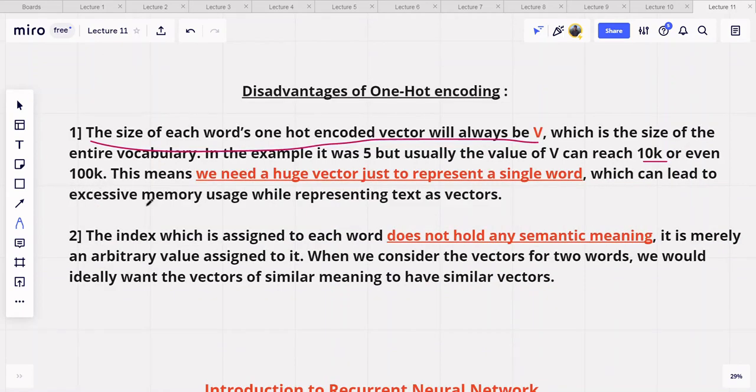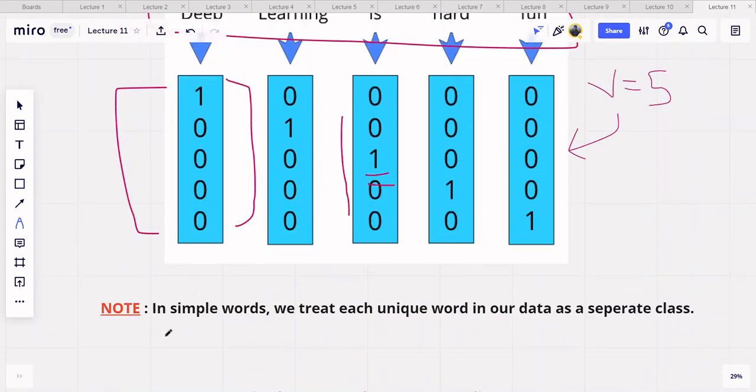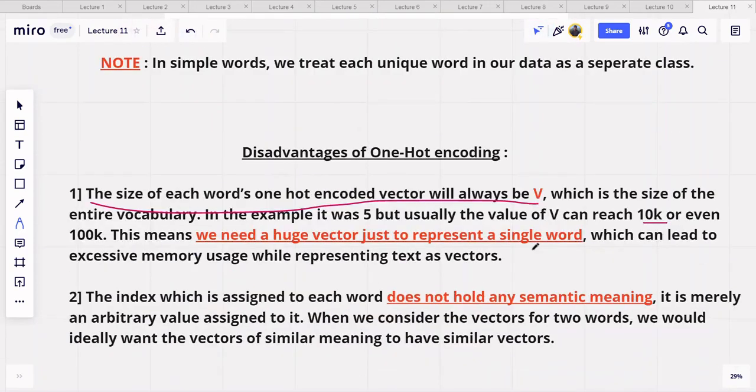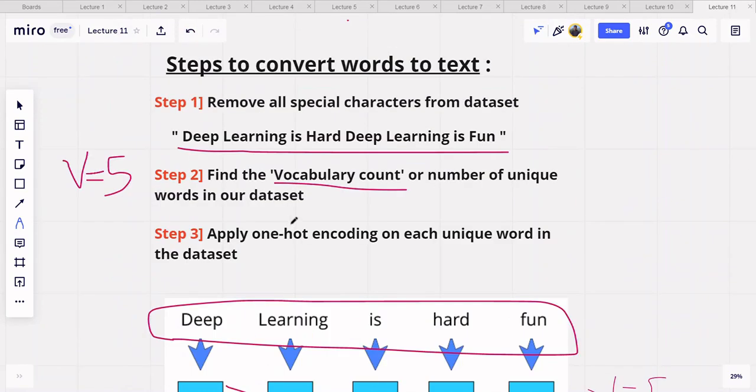In real life the vocabulary of humans is very huge. We would need a very huge vector just to represent a single word, which is a waste of memory and time. So we usually don't use one hot encoding if we have a very large amount of textual data.